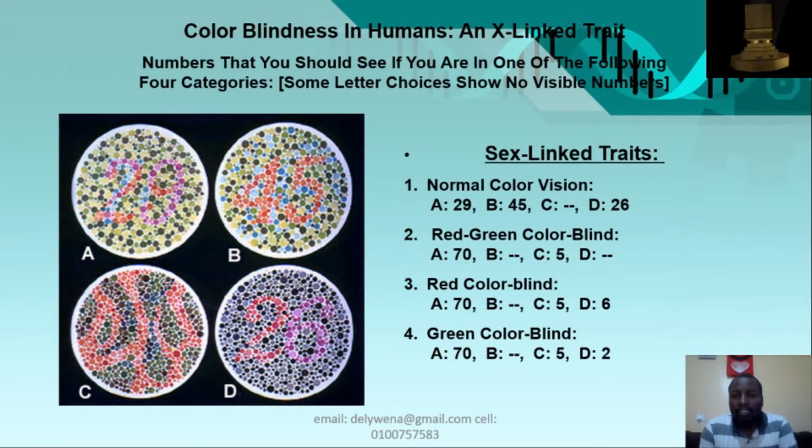If you are red-green colorblind, in diagram A you will see 70, in B you will not see anything, in C you will see number 5, and in D you will see nothing. If you have only red color blindness, in A you will see 70, in B nothing, in C you will see 5, and in D you will see 6. If you have green color blindness, in A you will see 70, in B nothing, in C you will see 5, and in D you will see 2.